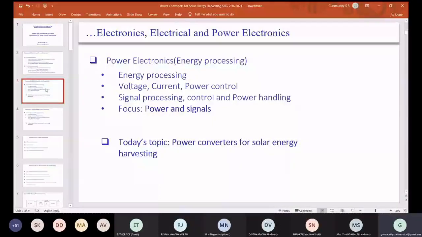That's why in power electronics our main focus is on the power as well as the signals. So that is the basic difference. We are going to discuss the power circuit design and the simulation. The power converters for solar energy harvesting, that is the topic of today.